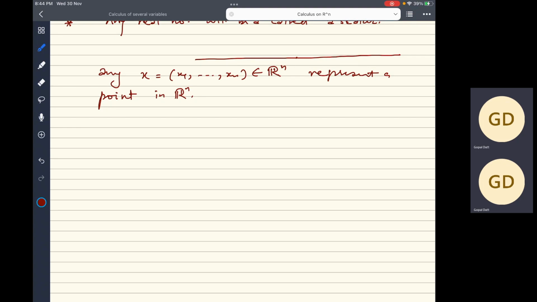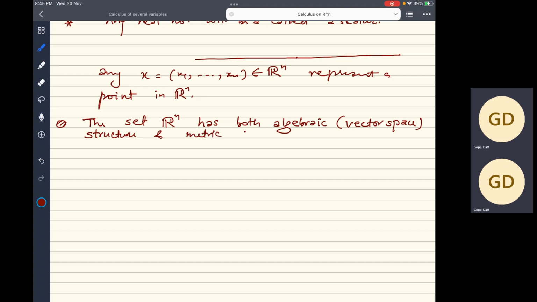This set Rn has algebraic structure as well as metric space structure. Rn has both algebraic structure, we call that vector space structure, and metric space structure.